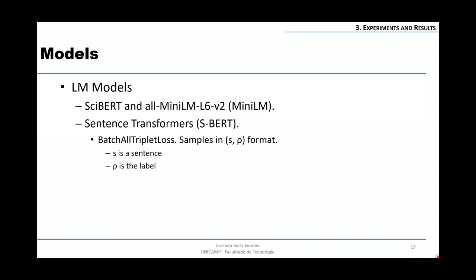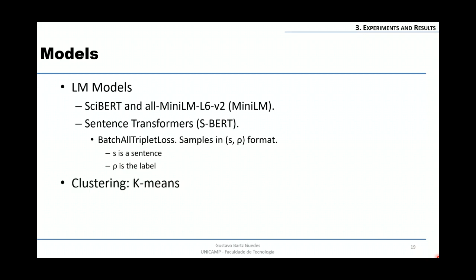Using this loss function, the sentence triplets are generated online every time the process creates a batch for the fine-tuning process. So you just need the sentence and the label, and then the triplets are created in an online manner. You don't need the sentence triplets as a data set.